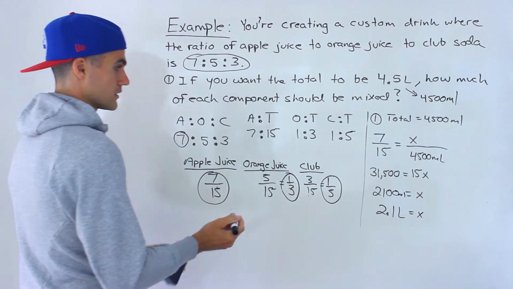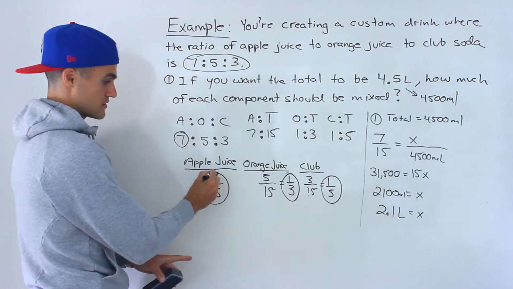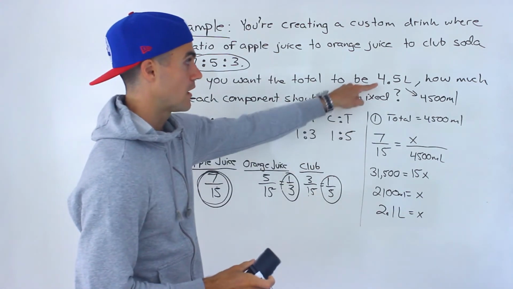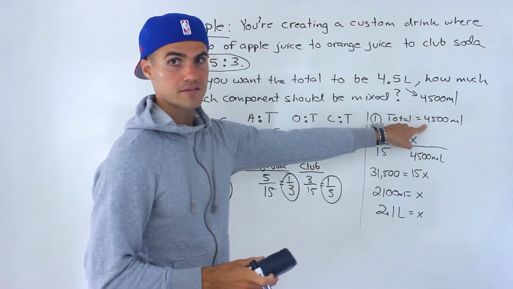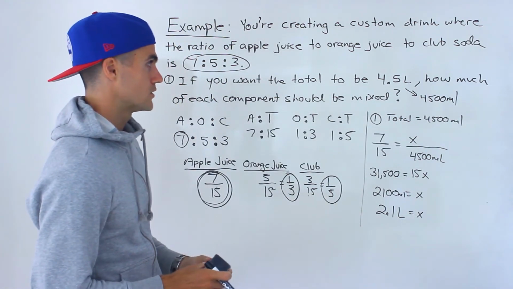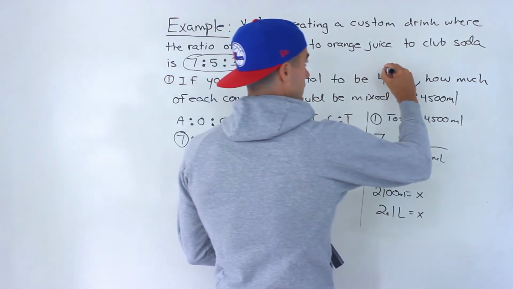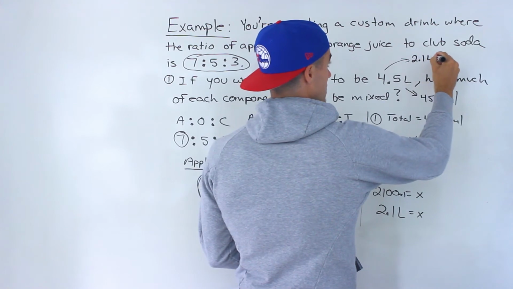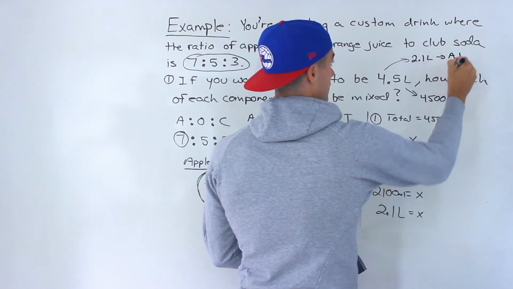Right? Another way we could have done this is we could have just taken this fraction of apple juice, 7 over 15, and then multiplied it by the 4.5 liters or the 4,500. You'd get that same value. So whichever way you want to do it. But the answer to this is 2.1 liters has to be apple juice.